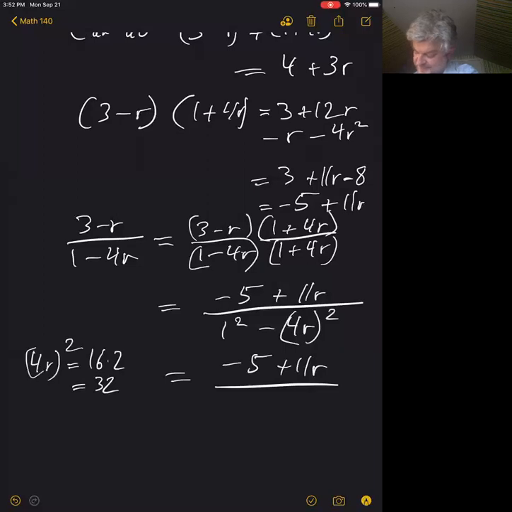And I've got 1 minus 32, which is negative 31. And you can rewrite this as 5 over 31 minus 11 over 31 times R. So it's again a number of that same form. A rational number, and then another rational number times R added to it.